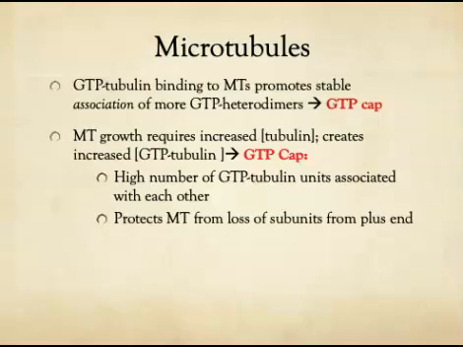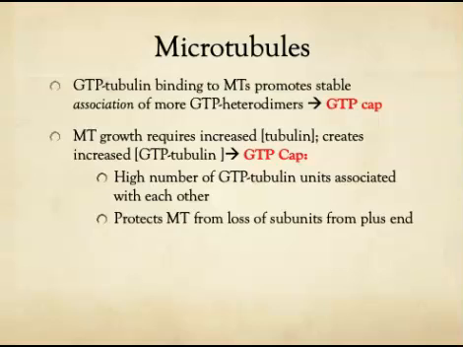As they come on to the plus end, they actually attract more. That's how more and more and more are added to the plus end. And this creates an area on the plus end of the microtubule that we call the GTP cap.